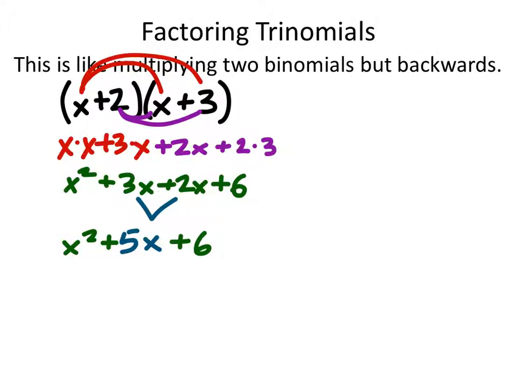Now, factoring the trinomial would be like starting with this x squared plus 5x plus 6, and then we ask you to factor it, okay? Well, how do we factor it? Well, it has to work backwards. So instead of this one kind of pointing to the 5x, it's going to split up.